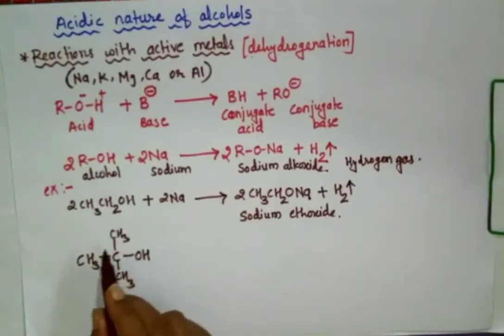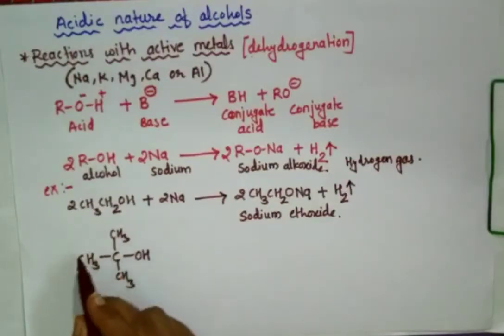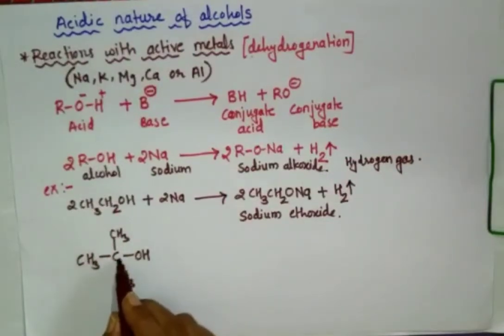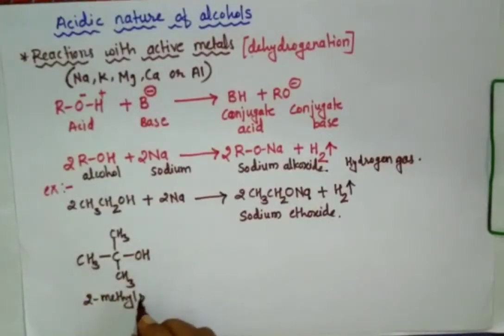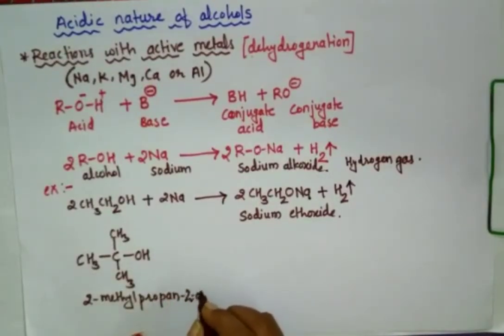If we go for the IUPAC nomenclature, 1, 2, 3, we have to take the chain which is propane, and at the second position it has a methyl group. So the IUPAC name of this compound is 2-methylpropan-2-ol. The OH group is at the second carbon.